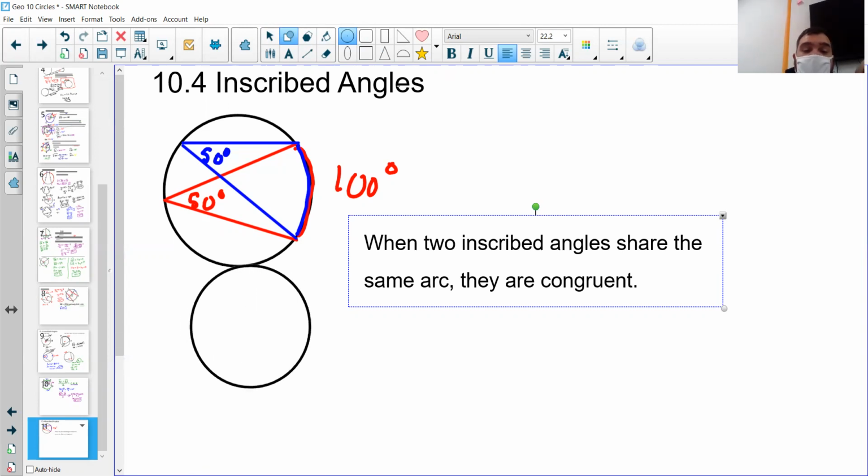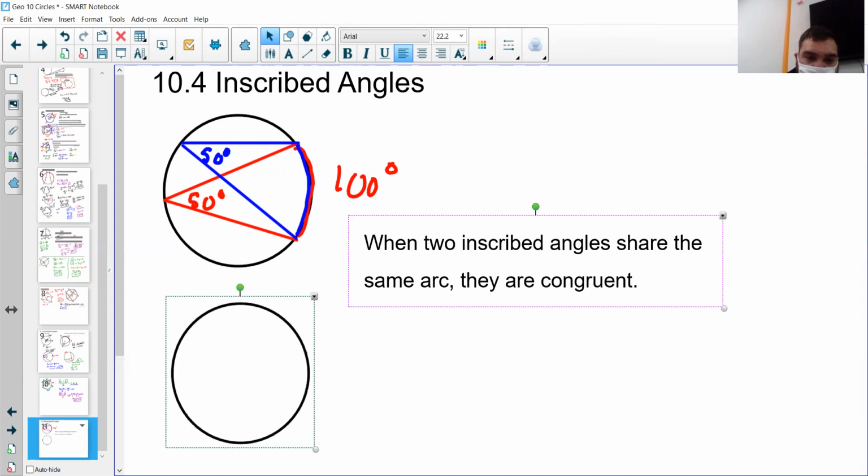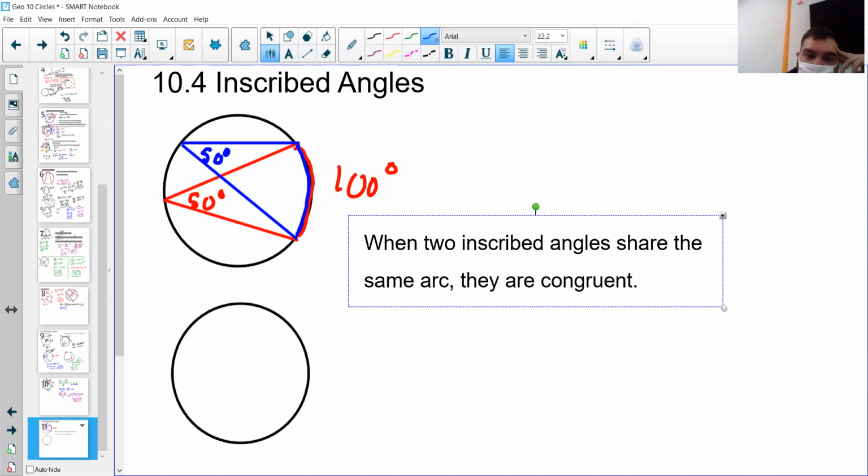So, because they're congruent, you could kind of guess what the algebra problem is going to be. I'll make another one.